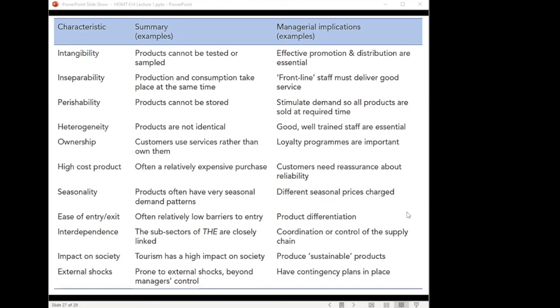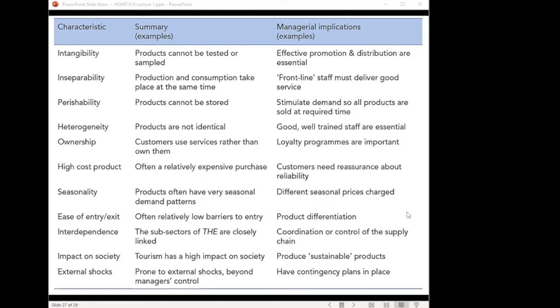In terms of interdependence, we talked about the fact that there needs to be some kind of collaboration and coordination, right, within and along the supply chain, because we realize that the industry has a lot of subsectors that interact and interdepend on each other to guarantee value to the tourists that patronize services in the sector.